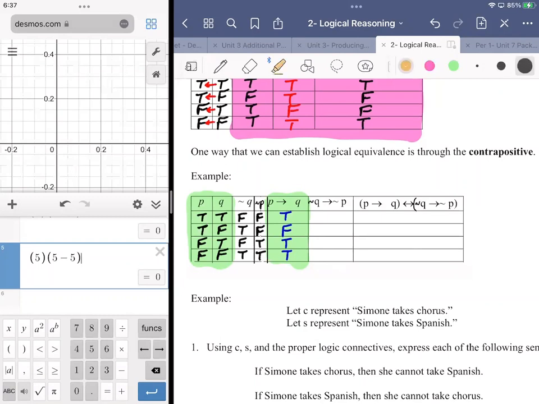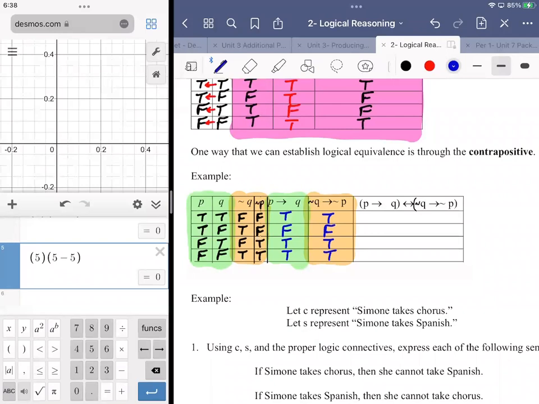So now I'm looking for not Q implies not P. And the only way, again, a conditional sentence would ever be false is if it's true implies false. So the first one is false implies false, so that's true. True implies false, that's our false case. False implies true, that's going to be true. True implies true, that's going to be true.